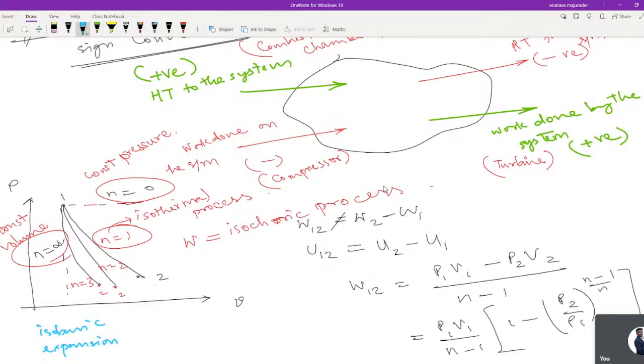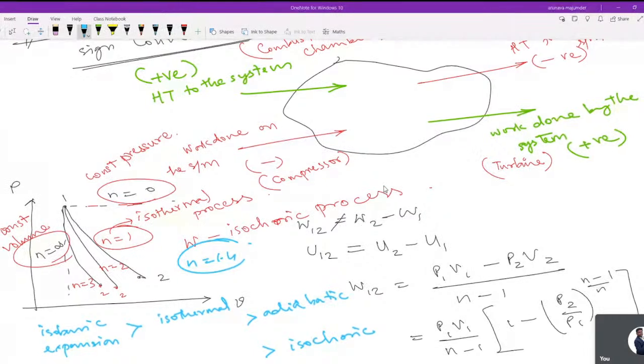So mostly in propulsion this type of thing is quite expected, like whose work done is going to be the highest sequentially: isothermal, then adiabatic, adiabatic when the n value is 1.4, and then isobaric. This is the sequence. So do remember the sequence of the work done processes.